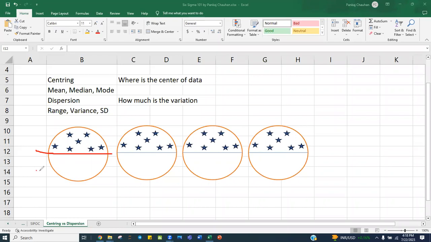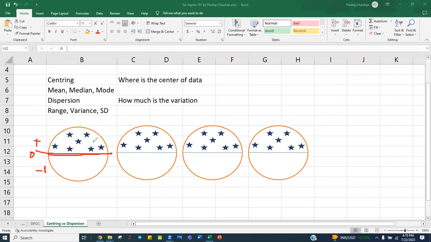Suppose this side is -1, here you are making 0, and this side is +1. All the data points are on the positive side, which means the average will be greater than 0, so overall the data is not in the center. There is no value on the lower part of the data set. All the values are above.